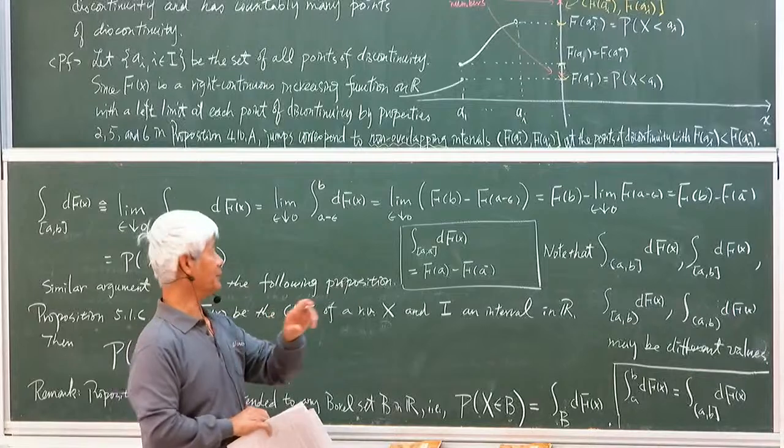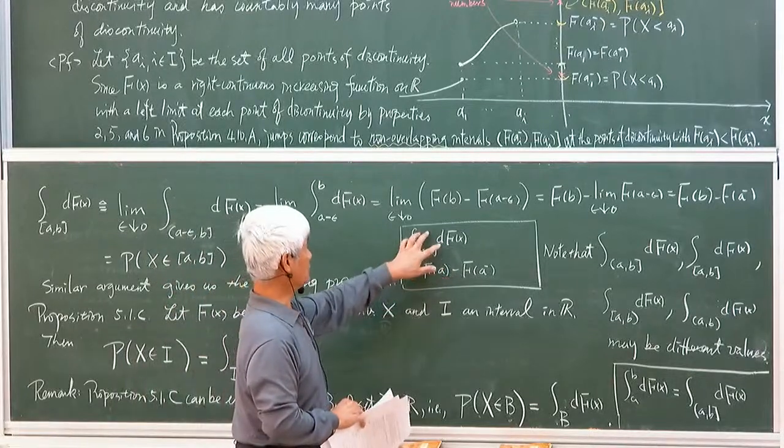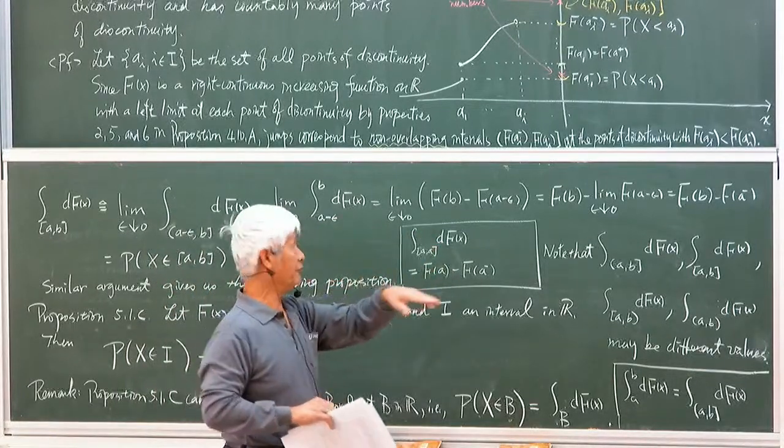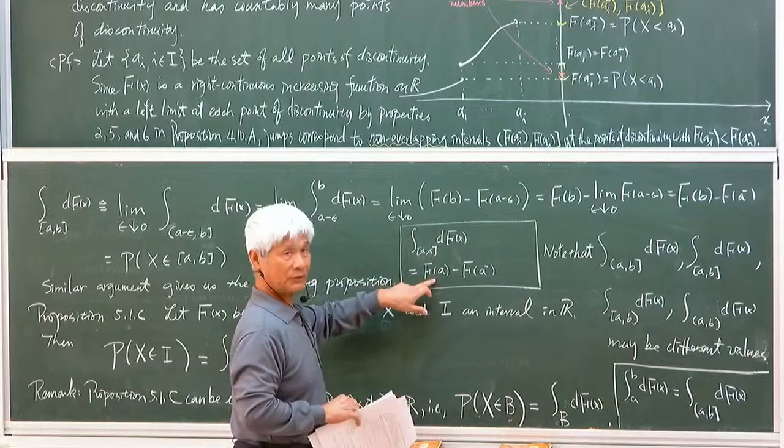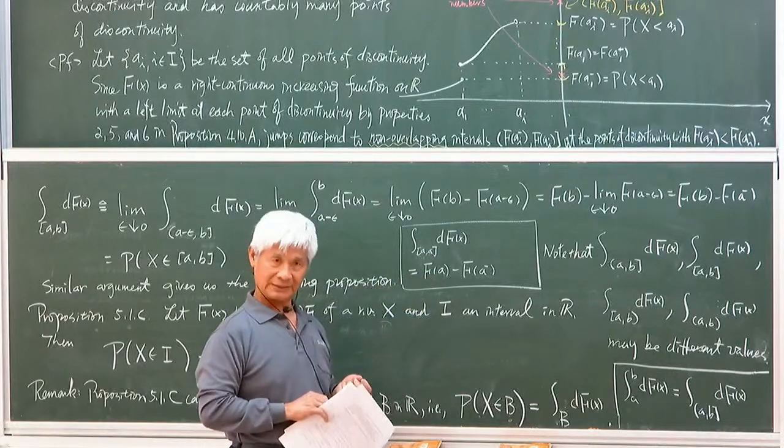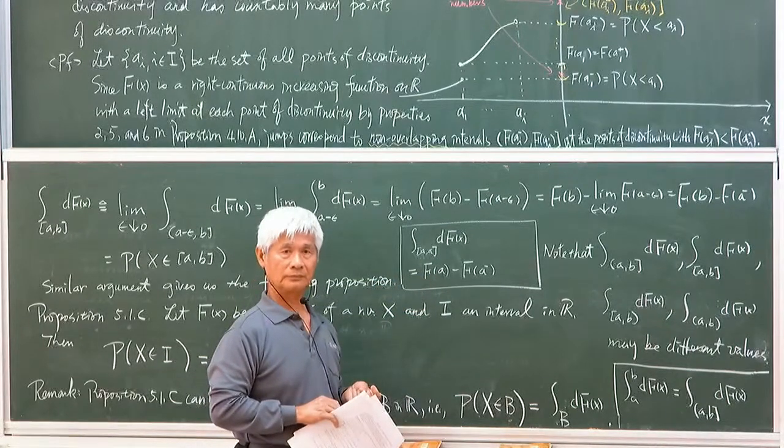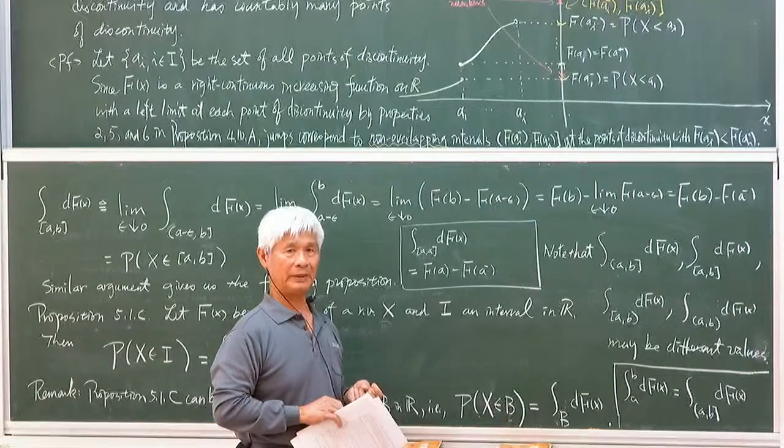So it's possible for a Riemann-Stieltjes integral over a point to give you a positive value.